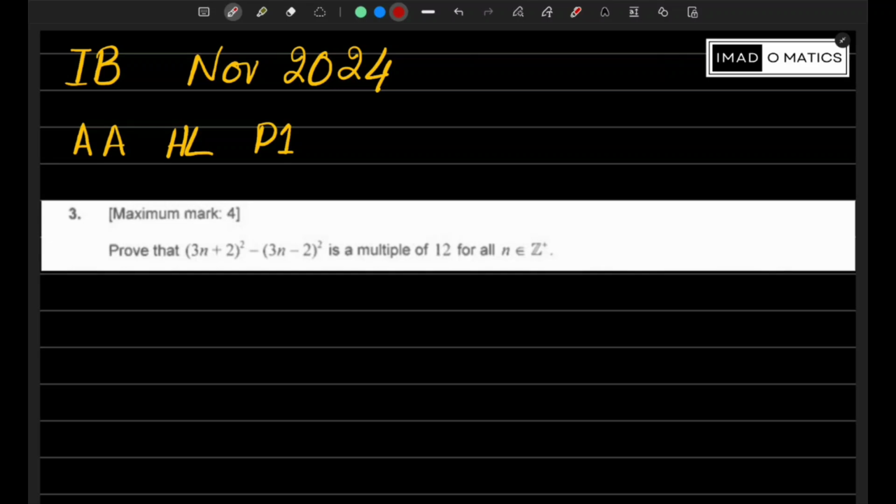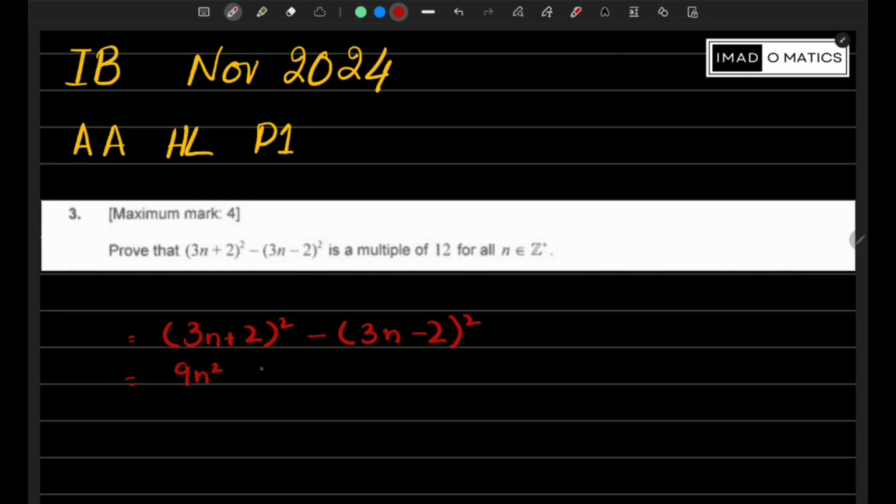So let's solve (3n + 2) square minus (3n - 2) whole square.